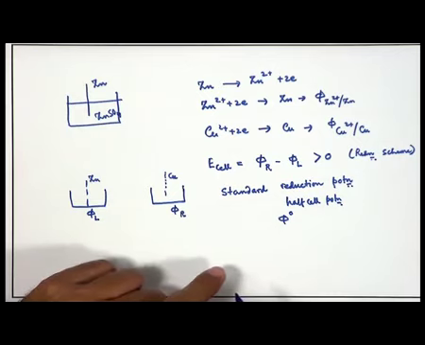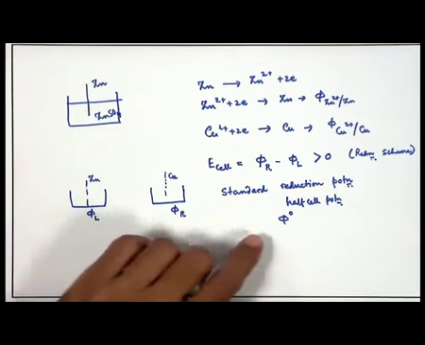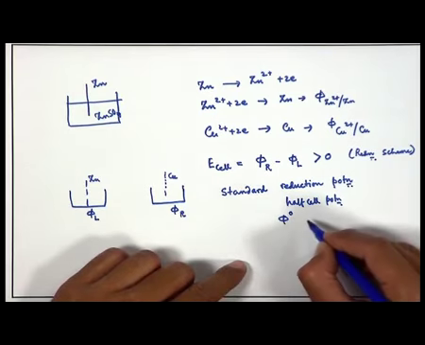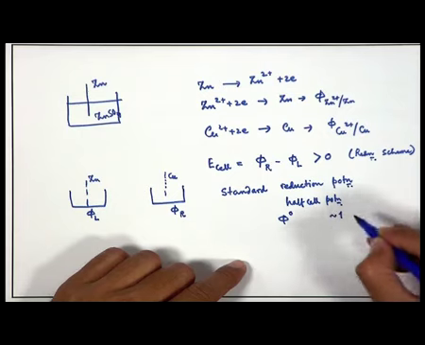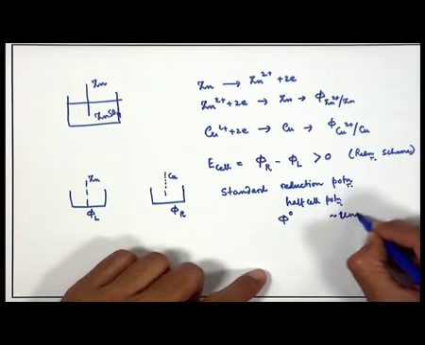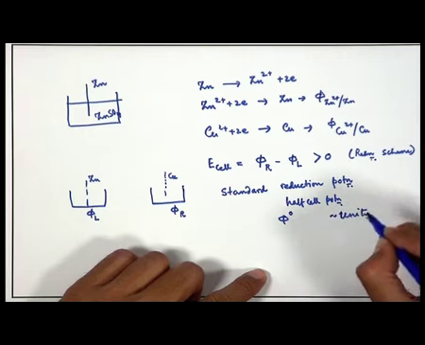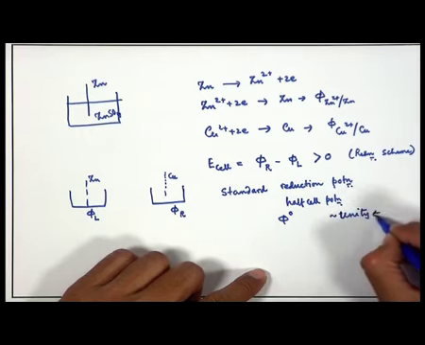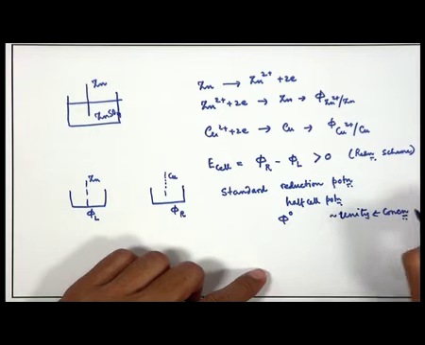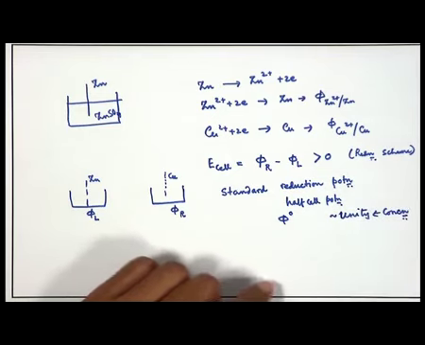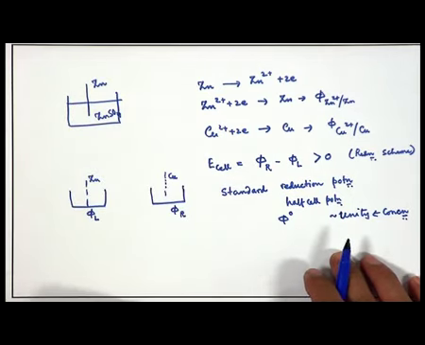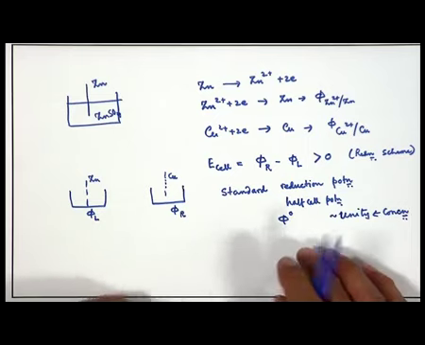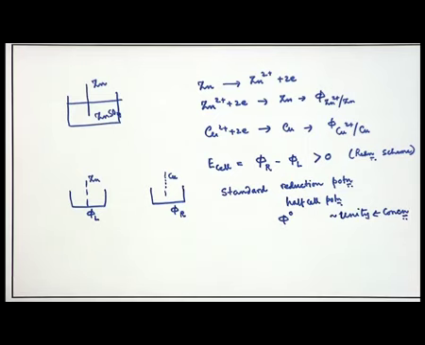It is nothing but the half cell potential when the electrolyte concentration is unity, or when the activity, for example of zinc sulphate, is unity. The corresponding potential will be called the standard half cell potential.